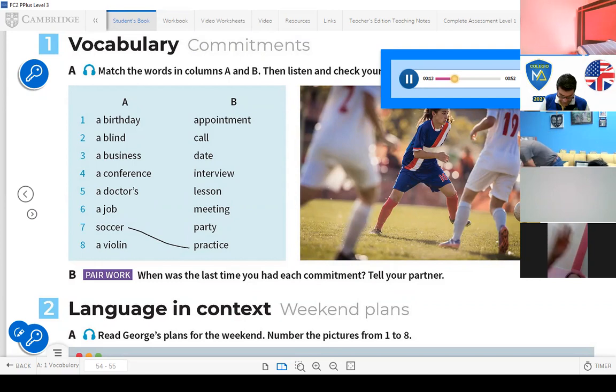Commitments. 1, A birthday party. 2, A blind date. 3, A business meeting. 4, A conference call. 5, A doctor's appointment. 6, A job interview. 7, Soccer practice. 8, A violin lesson.